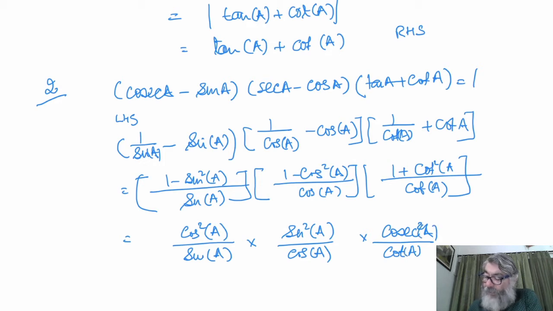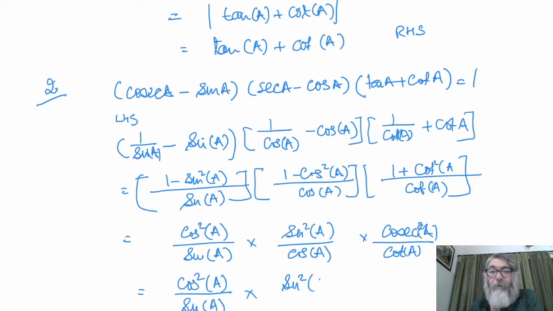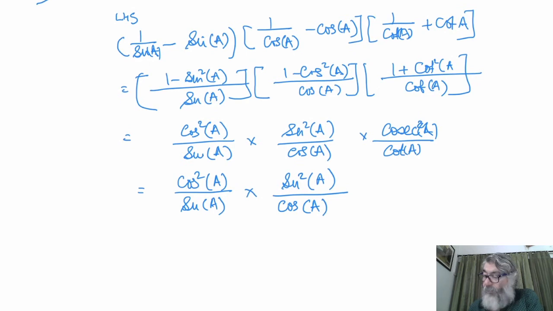Now this sign, okay, let it be. Cos square A upon sin A into sin square A upon cos A into cosec square A. The cosec square A can become 1 upon sin square A. And cot A is what?